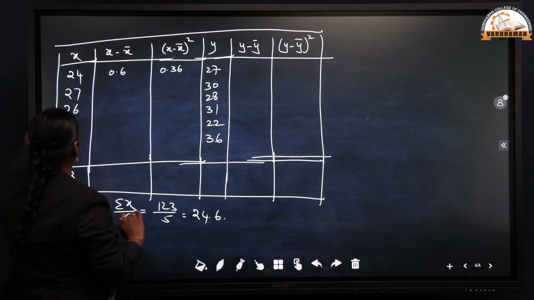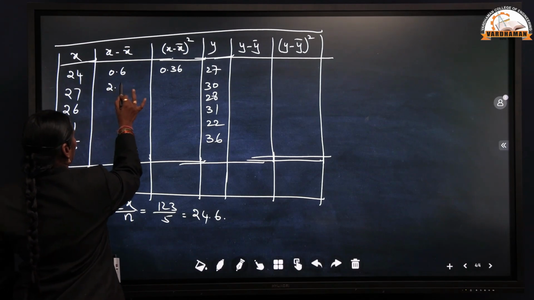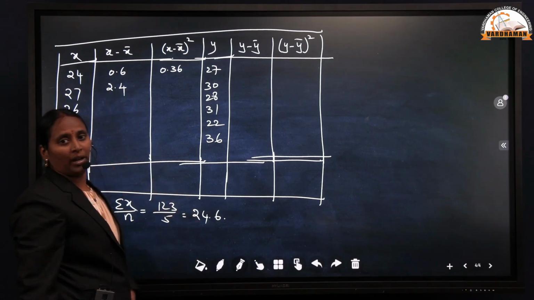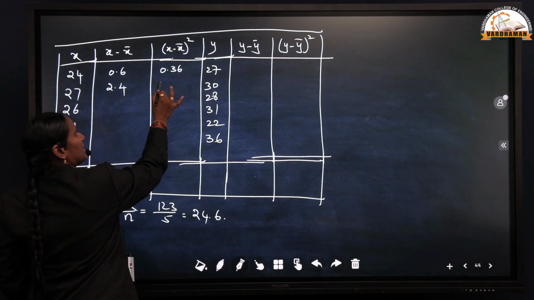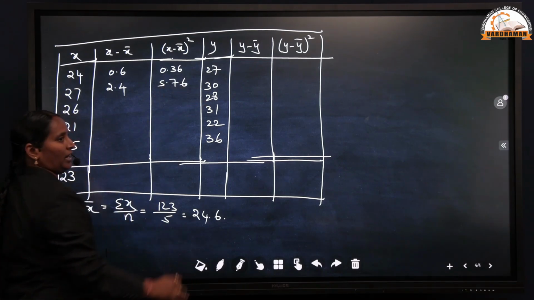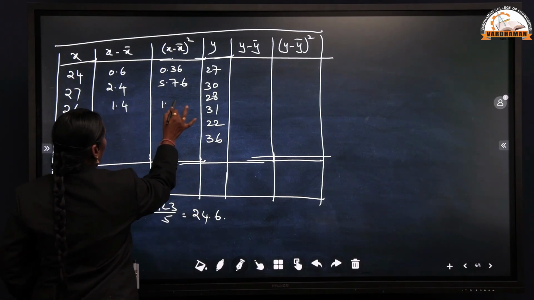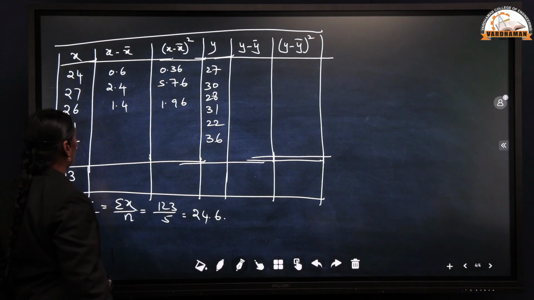Now 27 minus 24.6 is 2.4, and 2.4 whole square is 5.76. Then 26 minus 24.6 is 1.4, and its whole square is 1.96.